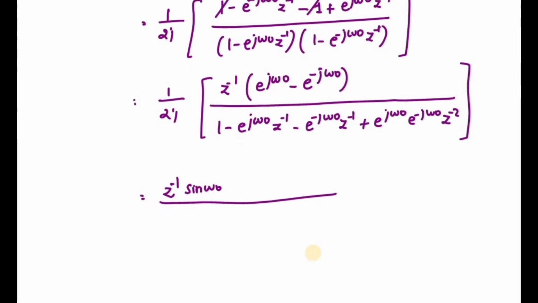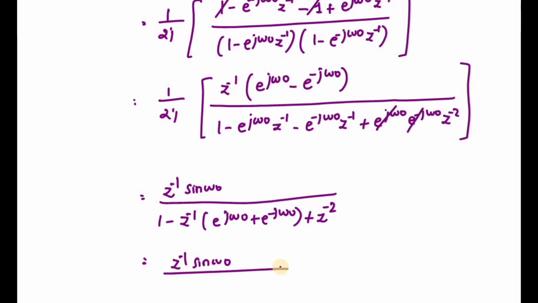And so here, 1 minus, I can take z power minus 1 common, right? So I'll get e power j omega naught plus e power minus j omega naught. These two get cancelled out, so you'll get z power minus 2. So this is the formula for cos omega naught.